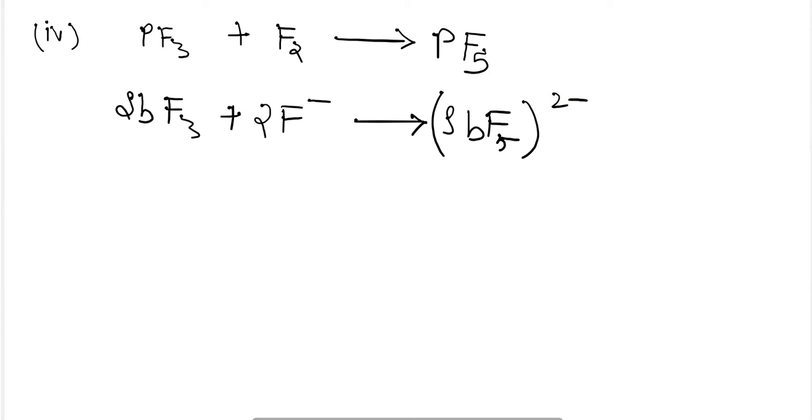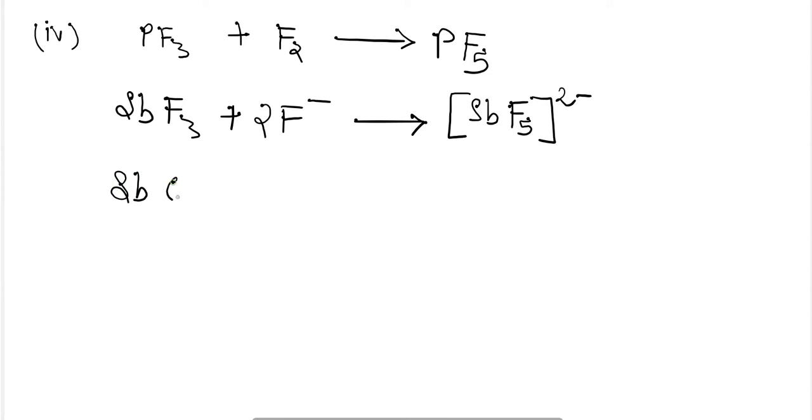It will form a complex compound here, and complex compounds are represented in a square box. An ion with 2- charge will be formed here.